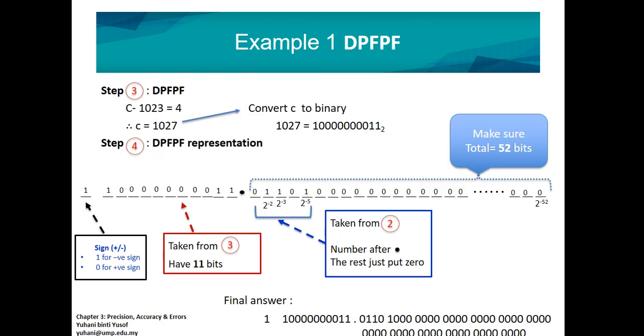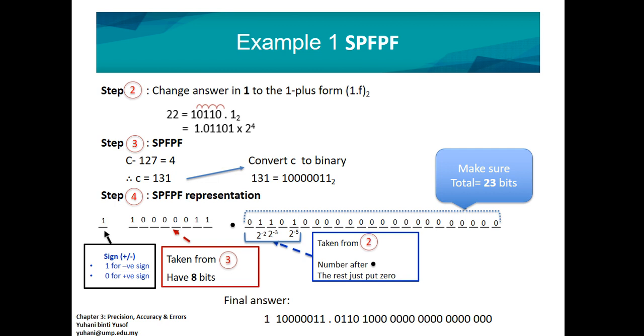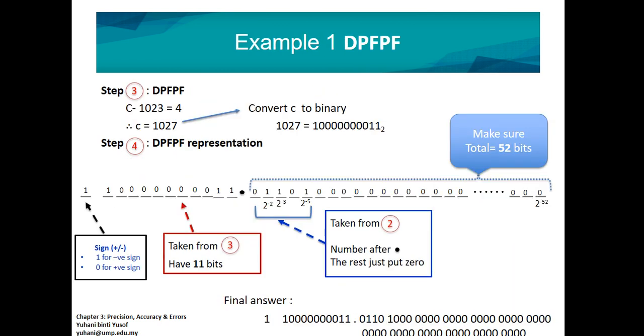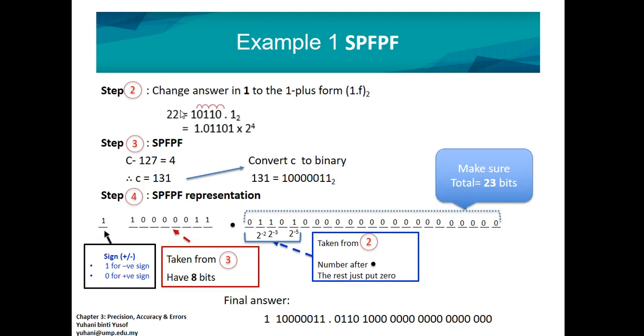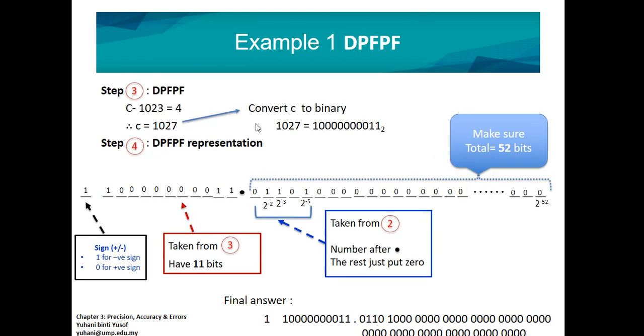Okay, so we move to the same example, but we are converting to double precision floating point form. Okay, step number 1, step number 2 is the same. The difference is on step number 3, because the power of 2 in number 2 here represents the value of C minus 1023 in double.